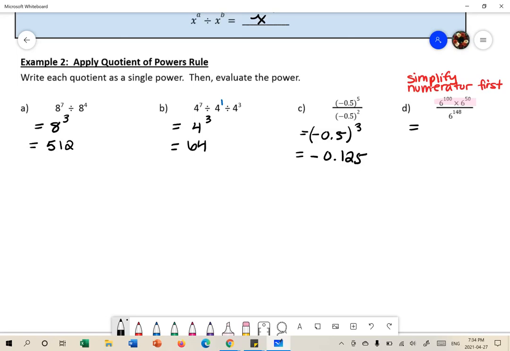So in my numerator, it's 6 raised to 100 times 6 raised to 50. So the base is the same, and I'm going to add, because it's multiplication, I'm going to add my exponents. So that's 150. Then divided by 6 raised to 148. And now I'm going to divide. This is now a division question. So the base will be 6, and then 150 subtract 148 is 2. 6 squared is 36.